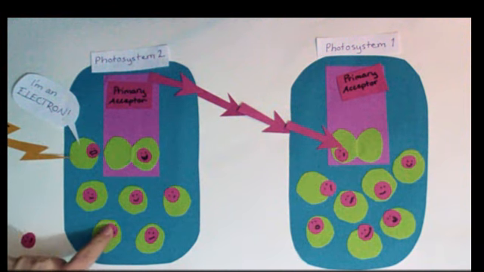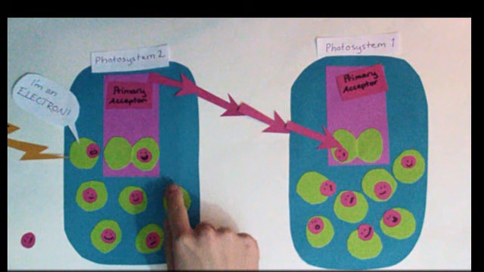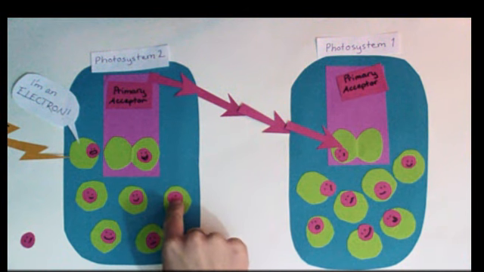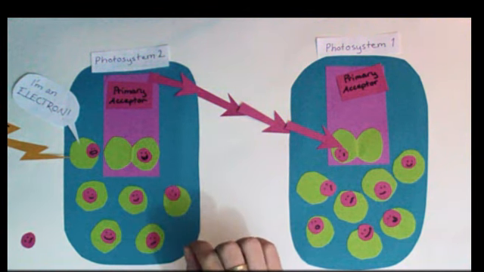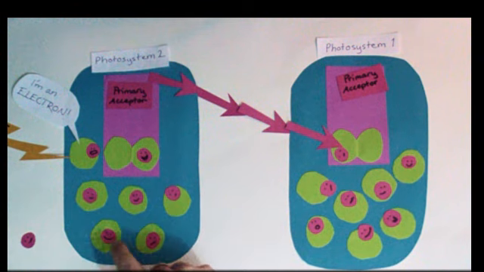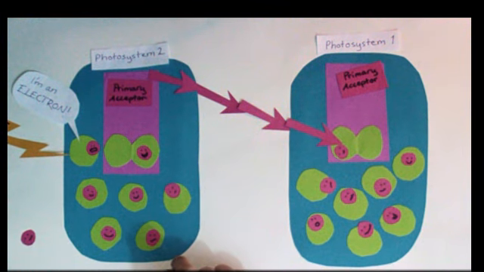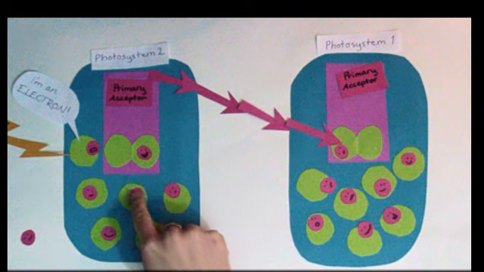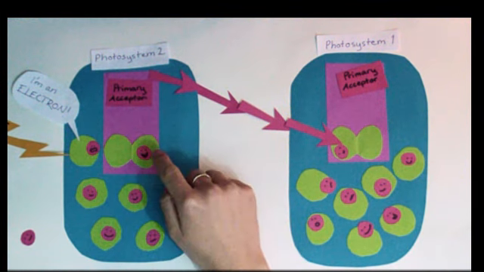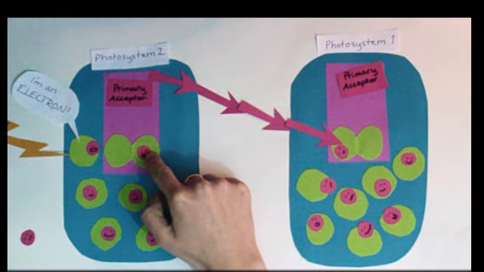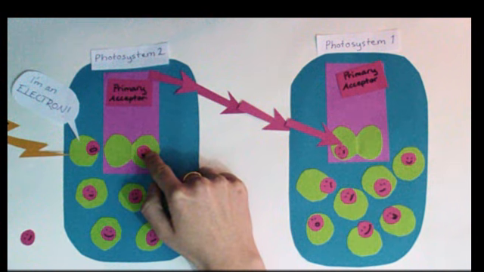And then his friend over here jumps up, and he does it too, and he does too. They're jumping up to higher energy states. And this energy is transferred between the different pigment molecules until it reaches this special one in the reaction complex center.